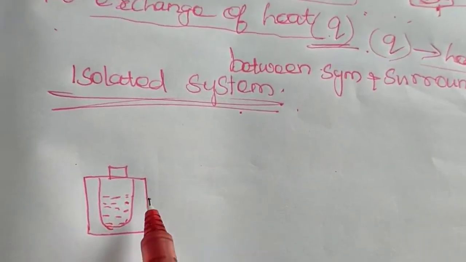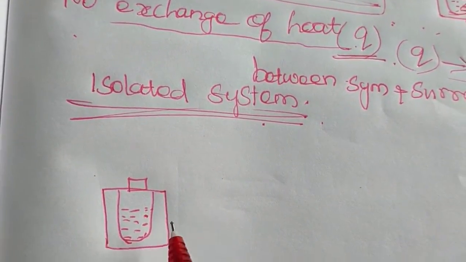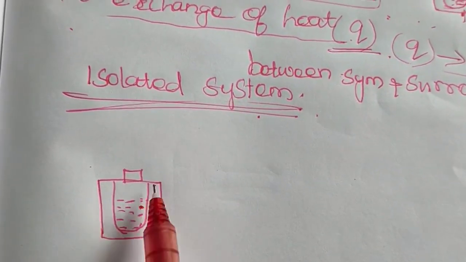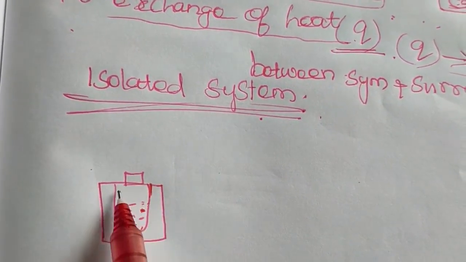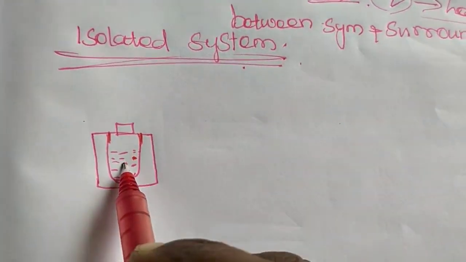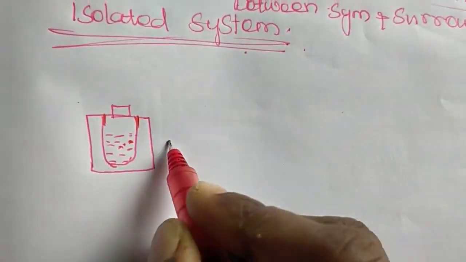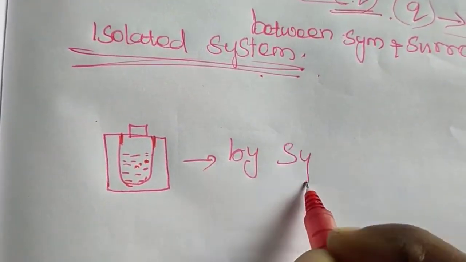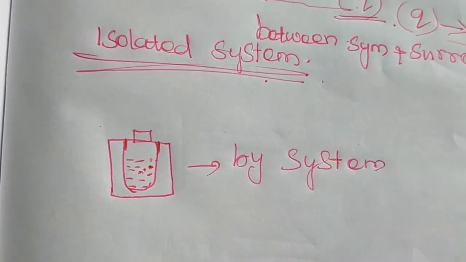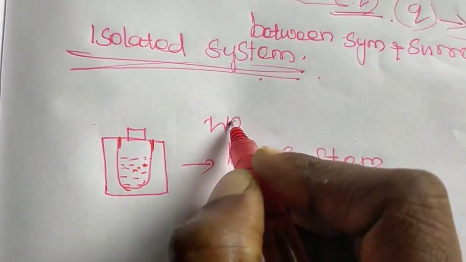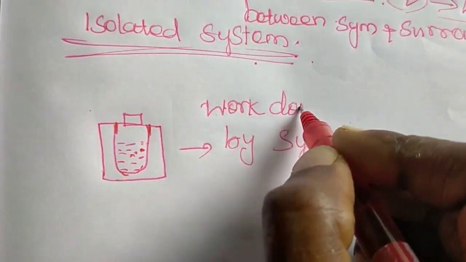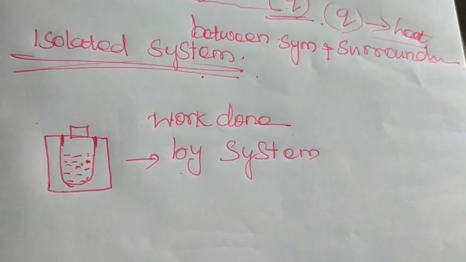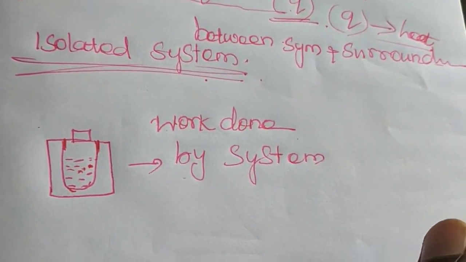Now open this. In an adiabatic process, if work is done by the system, then the system is releasing heat to the surrounding.